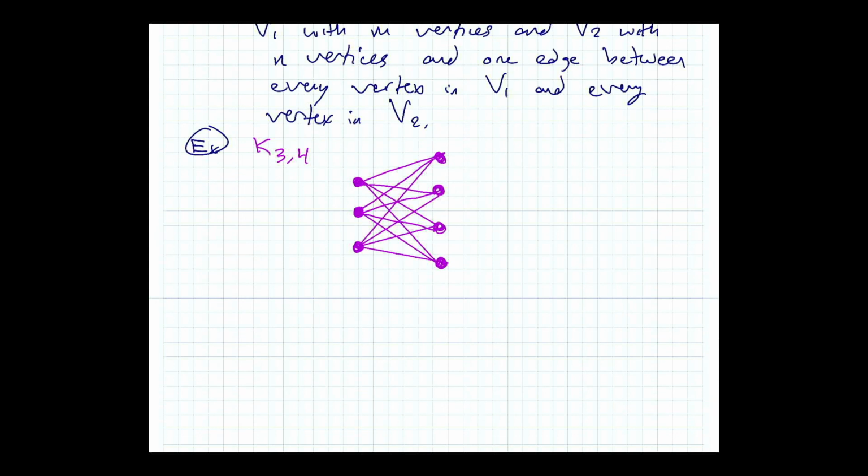I think it has m times n edges, right? Because if there's 3 over here and 4 over here, you have to go 4 edges, 4 edges, 4 edges. So 3 times 4. So it looks like KMN has MN edges.